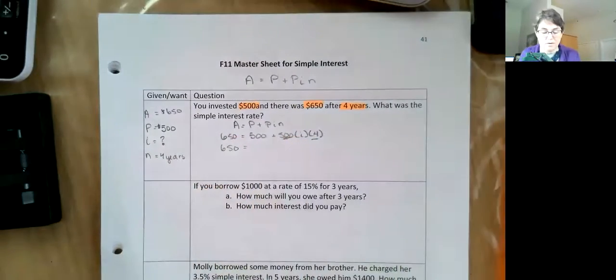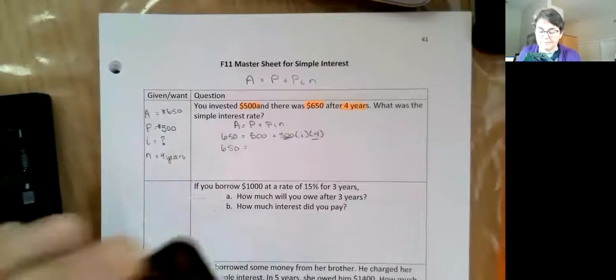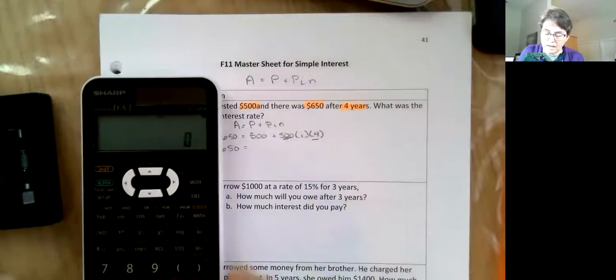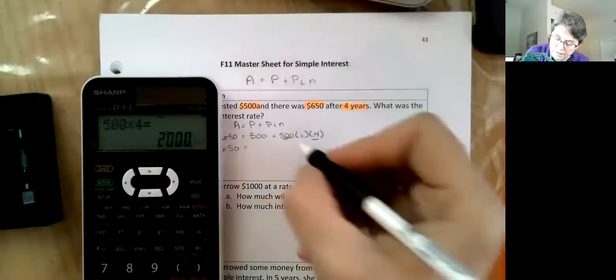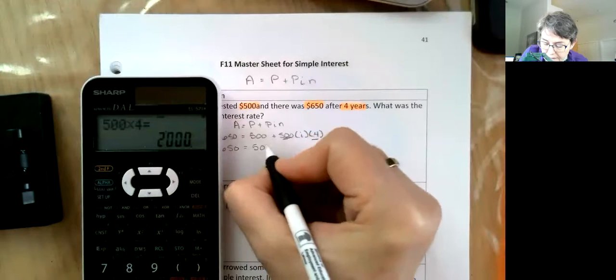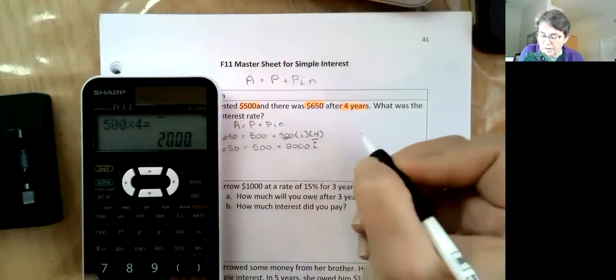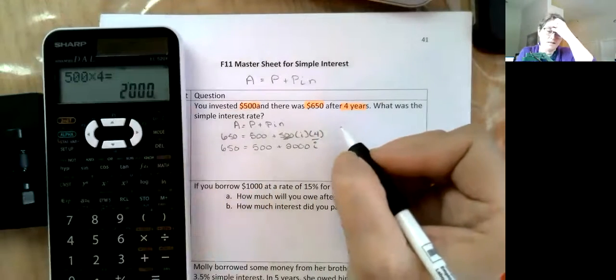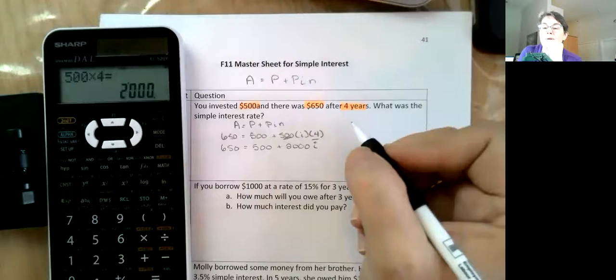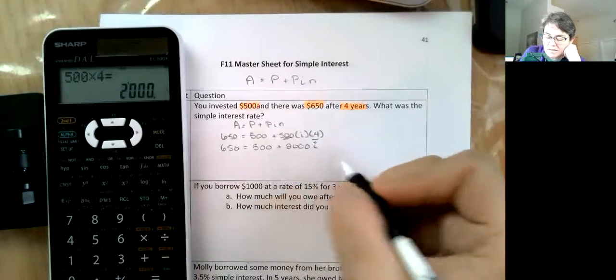I'm going to multiply this here. 500 times 4, that's 2,000. And don't forget to put the variable at the back. Again, that's just the way we normally write it: you put the coefficient first and then the variable.